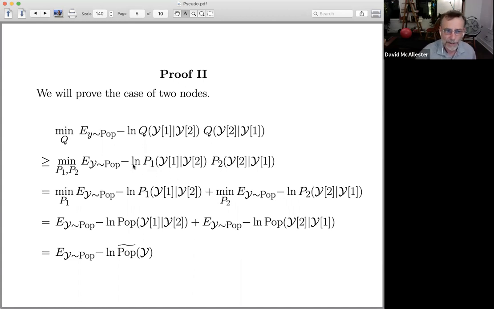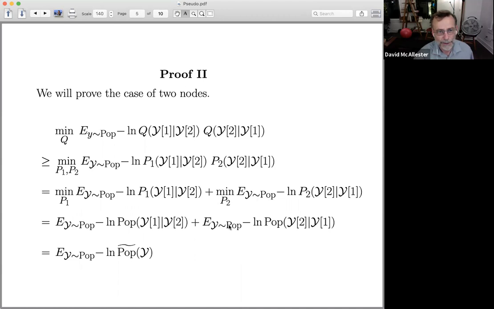Now this log of a product becomes a sum of logs, and this expectation can be pushed into that sum of logs. And the minimization problem then can minimize the P1 and the P2 independently. But if we look at this, we know that the optimum for this can be viewed as a kind of cross entropy loss. The optimum for this first problem is just the population distribution. And that's true for this also. So when I minimize over P1, I get the population.